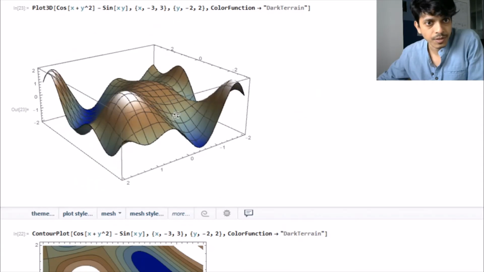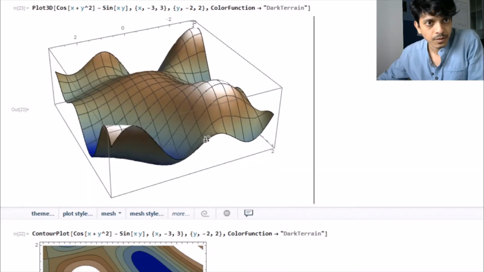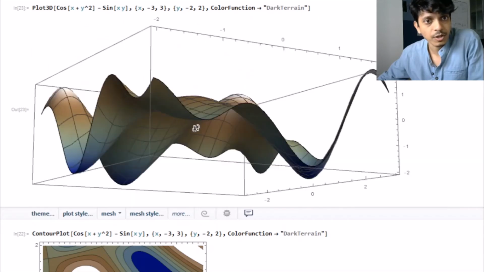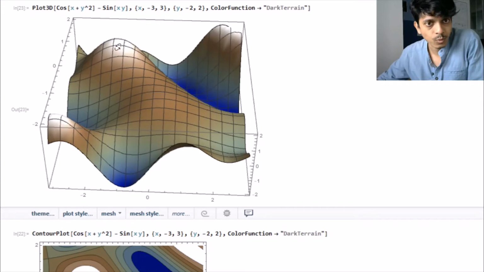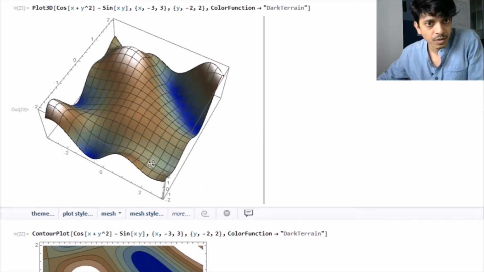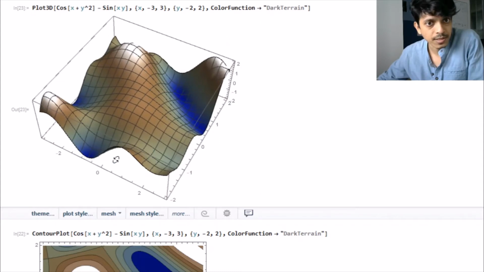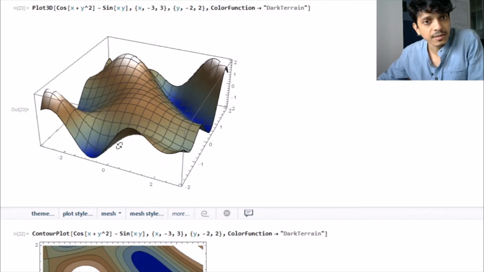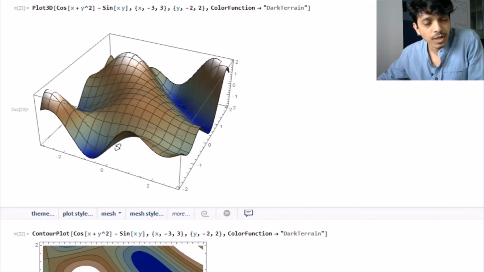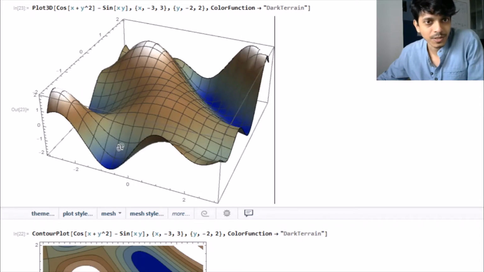So at every xy point, there is a different value of the function, and that is plotted on the z-axis. What is shown over here as white is a very high value of the function. What you're seeing as the blue parts are very low values of the function. So in some sense, you can think of this function of two variables as representing the surface of the earth, because you have mountains in some places where it's high, and you have seas in places where it is low.